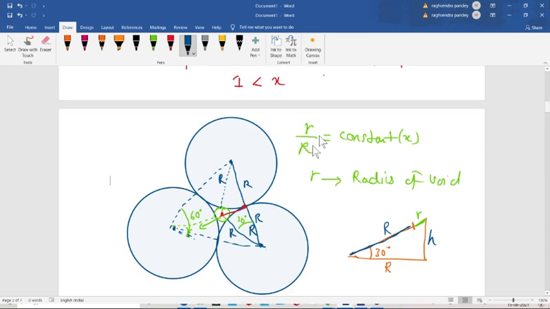Is there any problem? Are you calculating? So you have to just calculate the ratio.